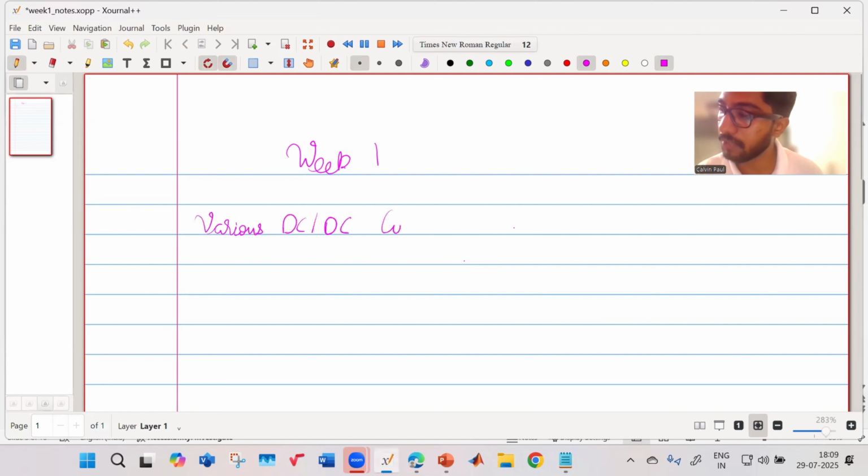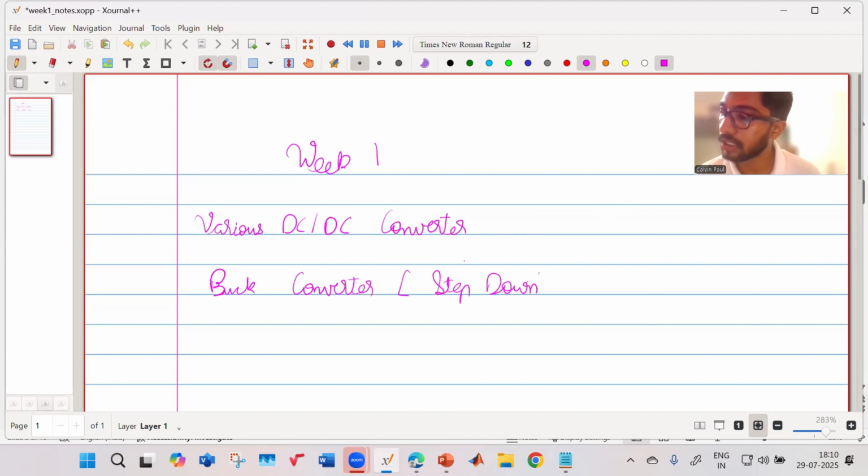So can you guys tell me which DC-DC converter is for step down? Which is a popular step down converter which you guys know about, which sir has also taught? Okay, yes. So as Vishal said, it is the buck converter. So this is for step down.